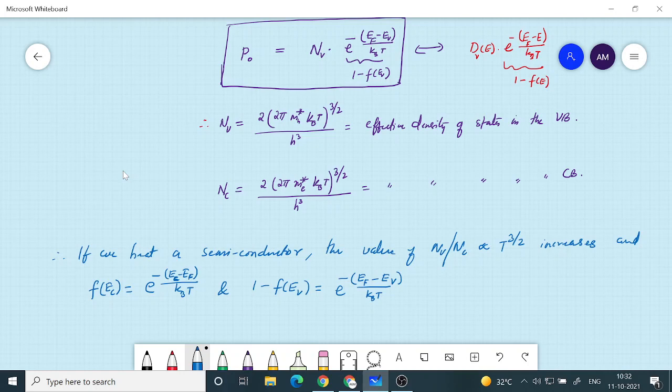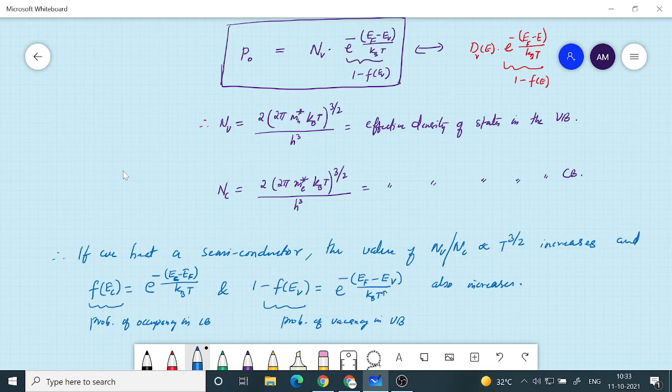So this is basically the probability of occupancy in the conduction band, or the bottom of the conduction band. Then this is the probability of vacancy in the valence band. So this also increases. Why does it increase? When T increases, the denominator of the exponent increases and there is a negative sign.